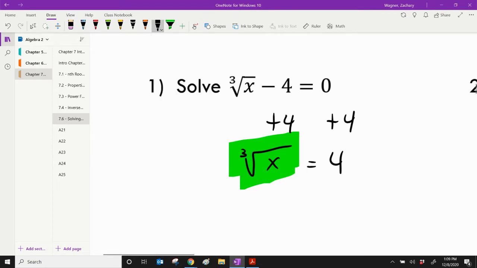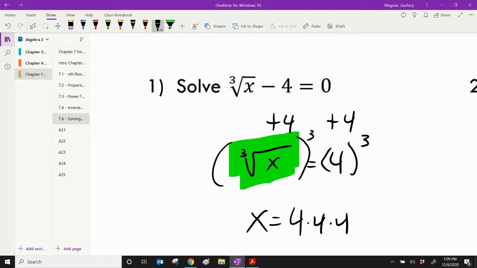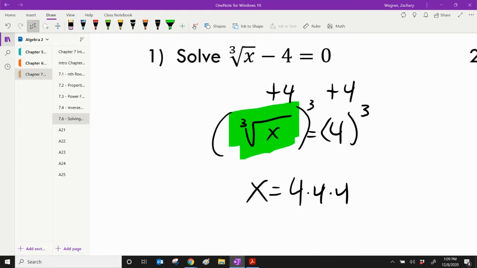If you want to undo a cubed root, you need to cube both sides. The cubed root of x cubed is just x, and 4 cubed is 4 times 4 times 4. 4 times 4 is 16, and 16 times 4 is 64.